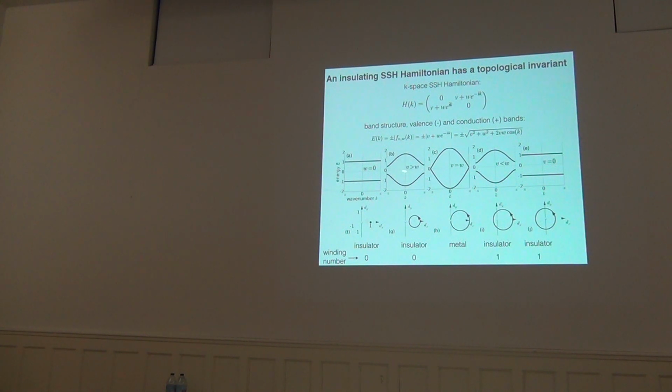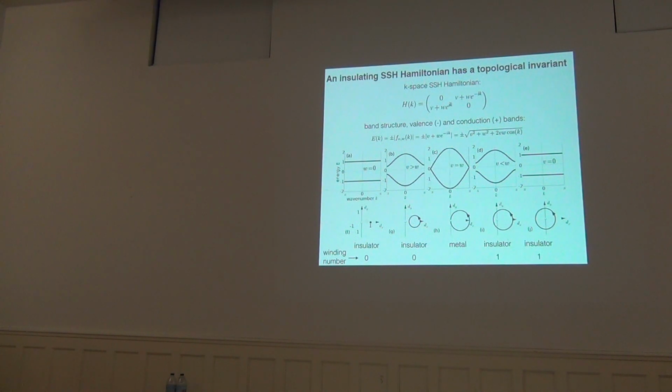So here, both values are finite, both the intracell and intercell values are finite. And there is one sort of critical point where the value of V and W, the two hoppings, is the same. In this case, you have sort of a metallic band structure. So in the first, second, fourth, and fifth case, you see a semiconducting band structure, insulating band structure, because there's a finite gap between the lower states and the higher states, so the valence band and the conduction band in condensed matter language.